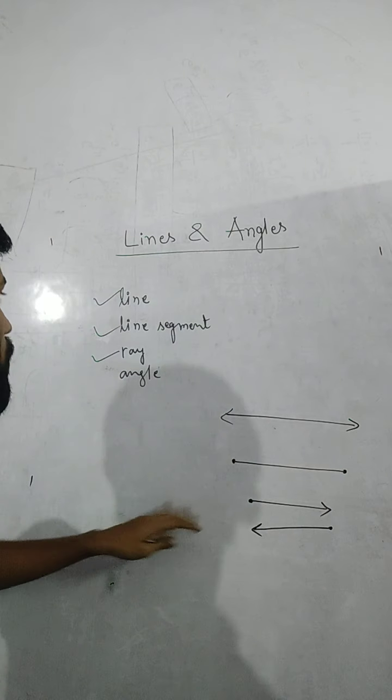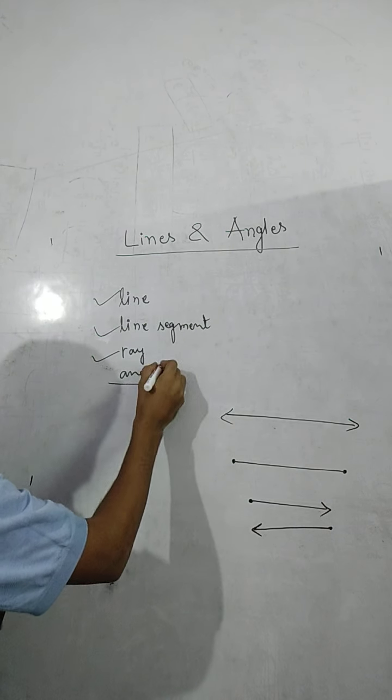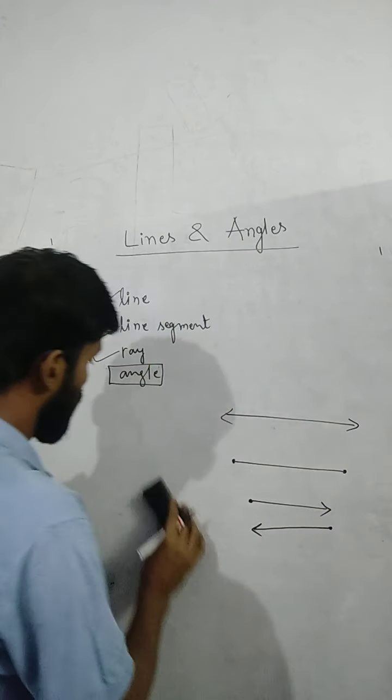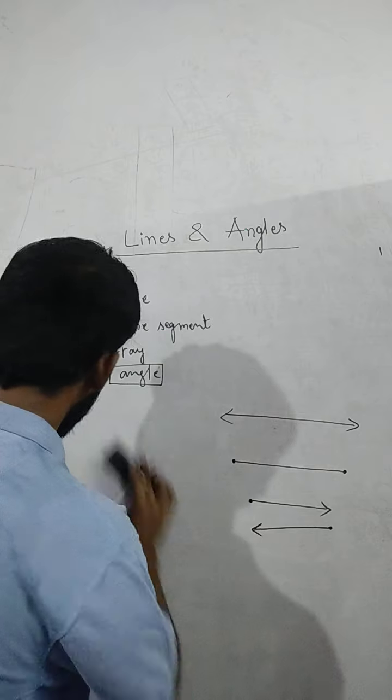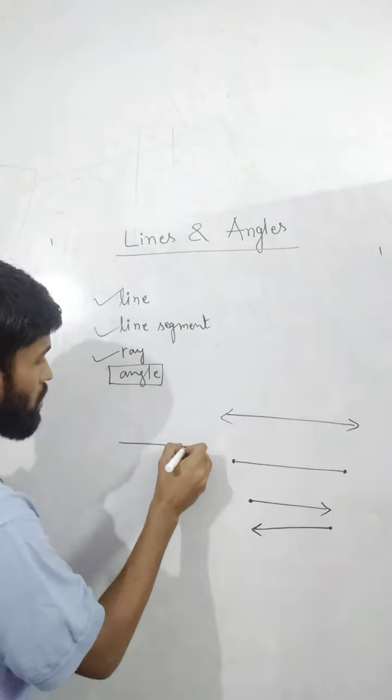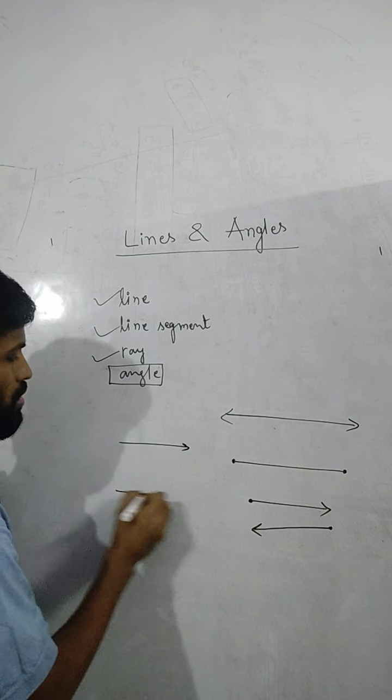Okay, now what is an angle, or when is an angle formed? See, this is one ray, this is another ray.